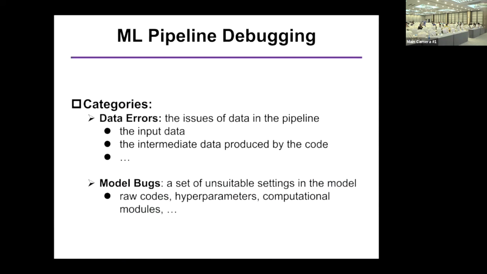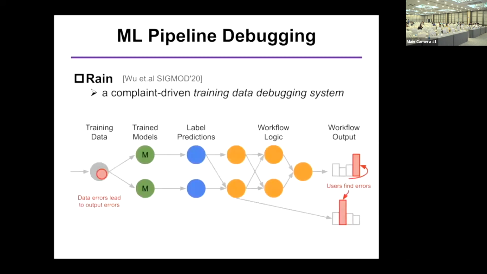And then we come to the machine learning pipeline debugging. It is the debugging after the development stage, unlike the model diagnosis. It can also detect the data errors and model bugs. So RAIN is a typical system for machine learning pipeline debugging.